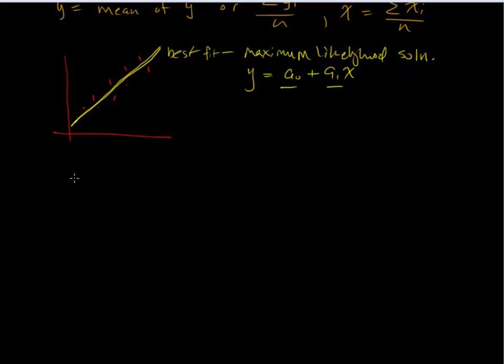Alright, so now let's talk a little bit about, make sure that we understand what the physical meaning of the error is. So if we have this data set here and we have some data points here and we fit our line to these data points, this is the error term here.